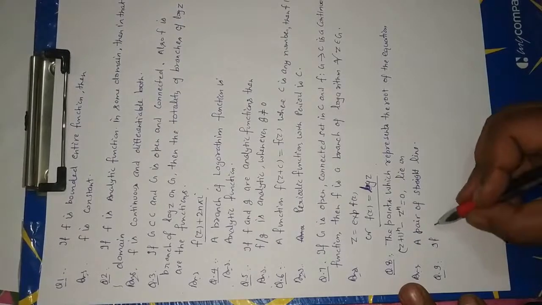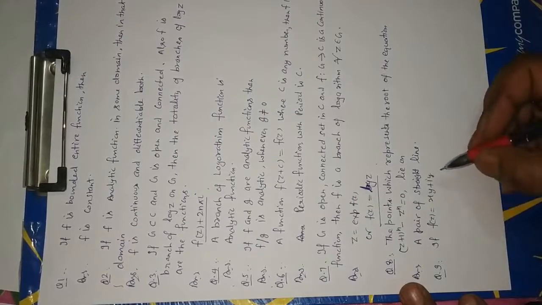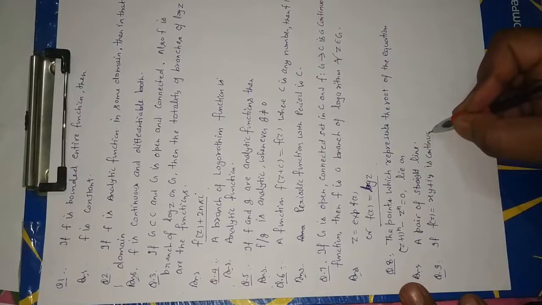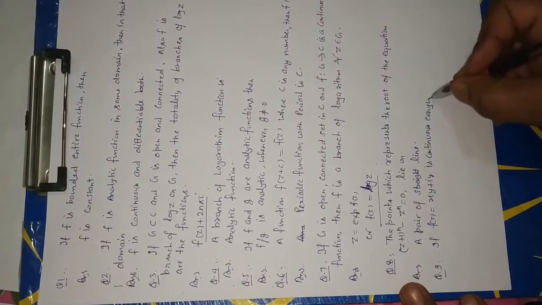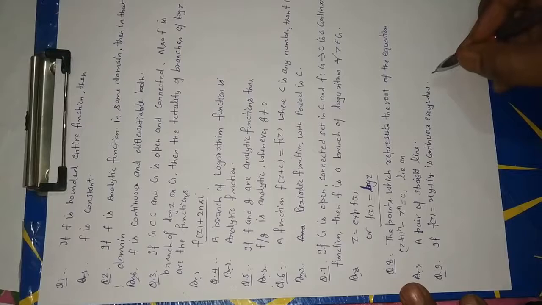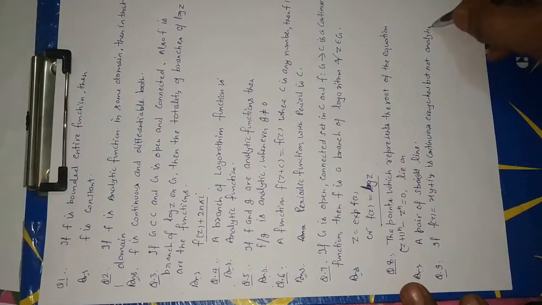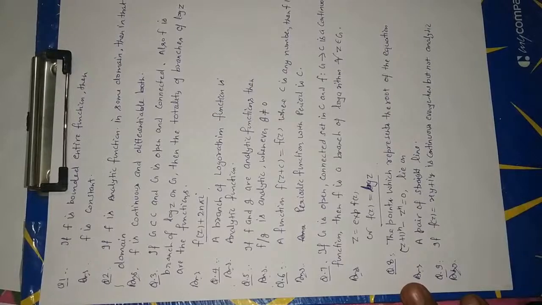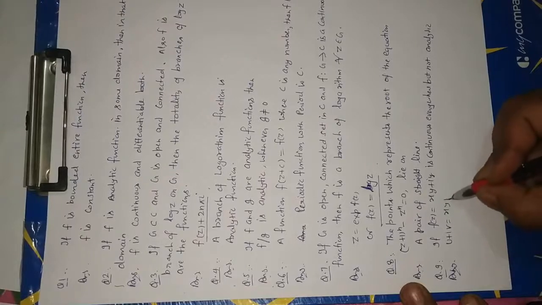Question number 9. If f(z) equal xy plus iy is continuous everywhere but not analytic. Answer: since f(z) is equal to u plus iv, then u plus iv is equal to xy plus iy.